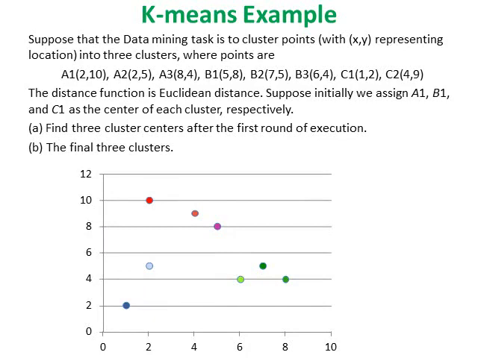Graph representation of given points. Red color plus symbols indicate initial centers A1, B1 and C1.